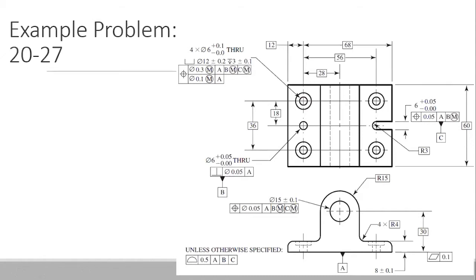Professor, for the top left GD&T where datum B is at maximum material condition, is that when the hole, or the middle hole right there, is at maximum?